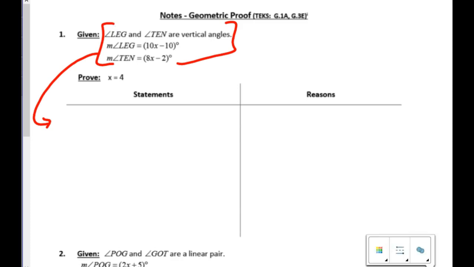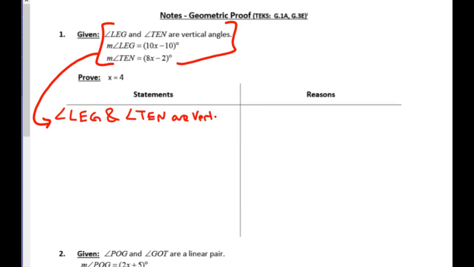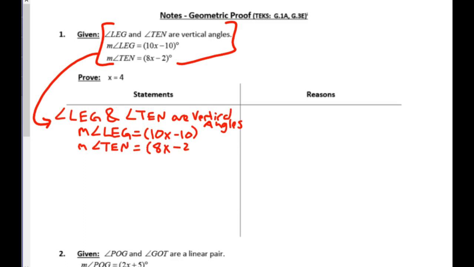So, let's write that down. All of that is given.